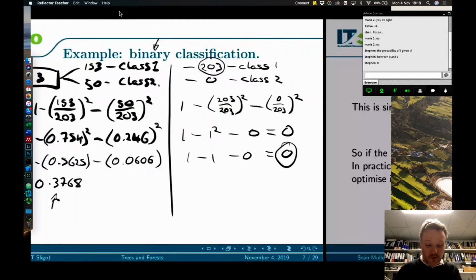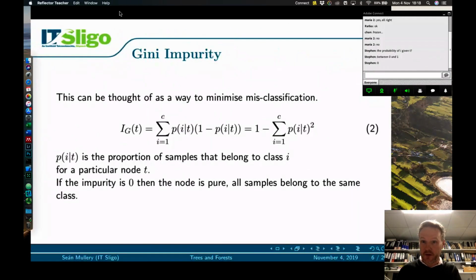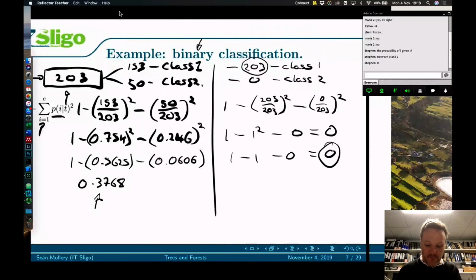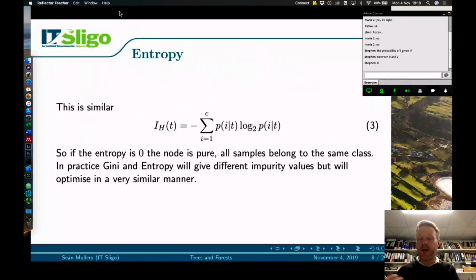Now, entropy. Just to remind you, there are a few different impurity methods. We said Gini, entropy, and classification error. So that was Gini. This next one is entropy. And entropy is a term that's used fairly often in physics, particularly to do with energy, where it tends towards entropy, where it's more complex.